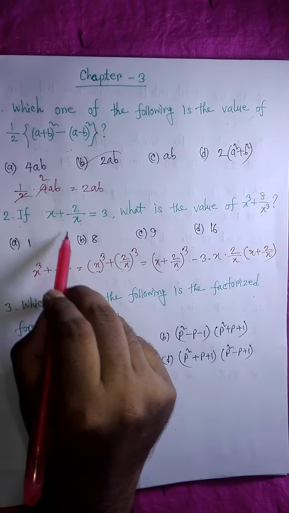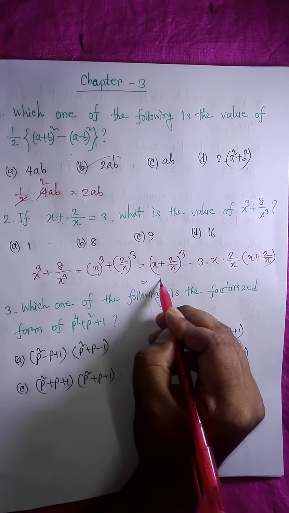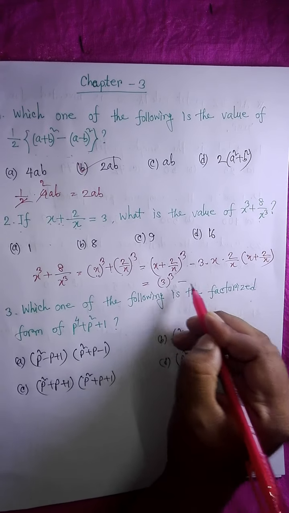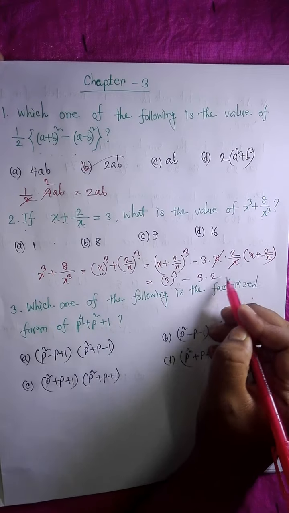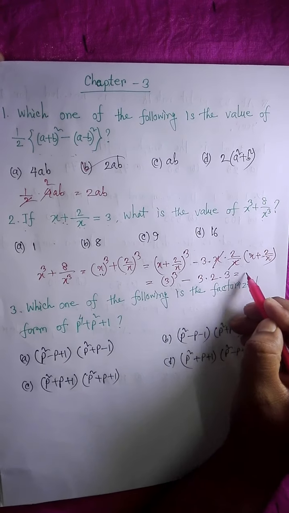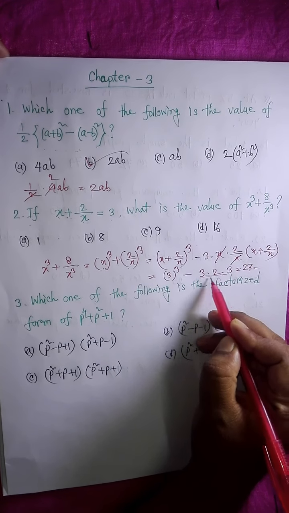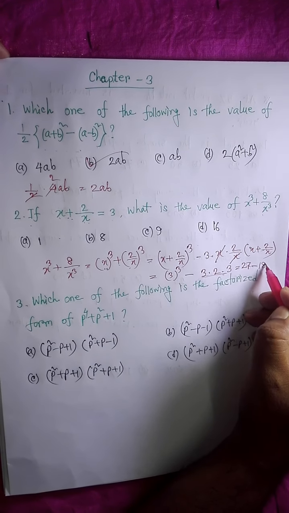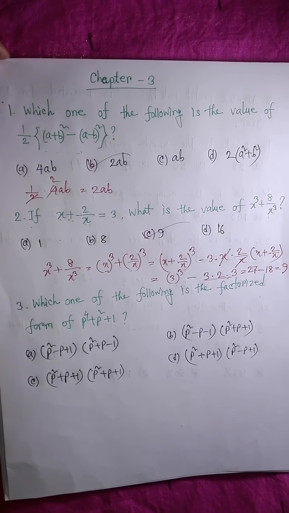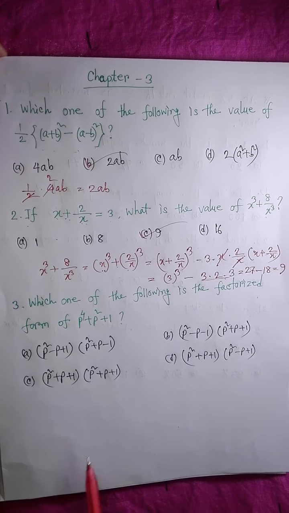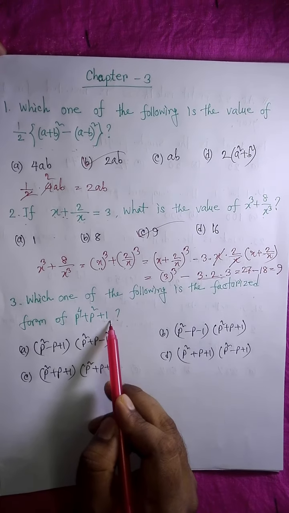Here the given value of x plus 2 by x equals 3, so we can write 3 whole cube minus 3 into 2 into 3, so 3 cube equals 27, minus 18, so the answer is 9.